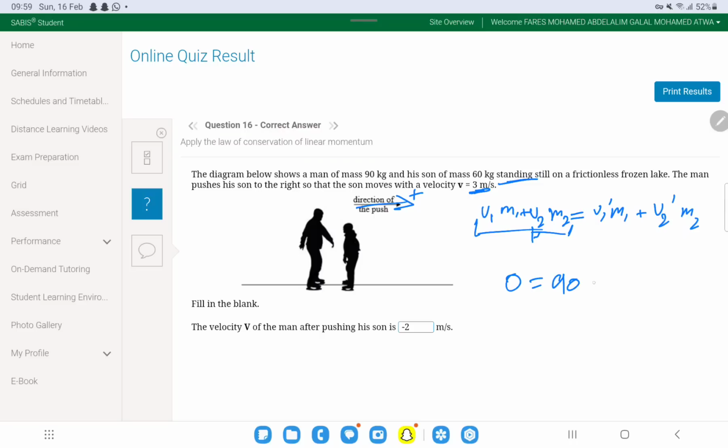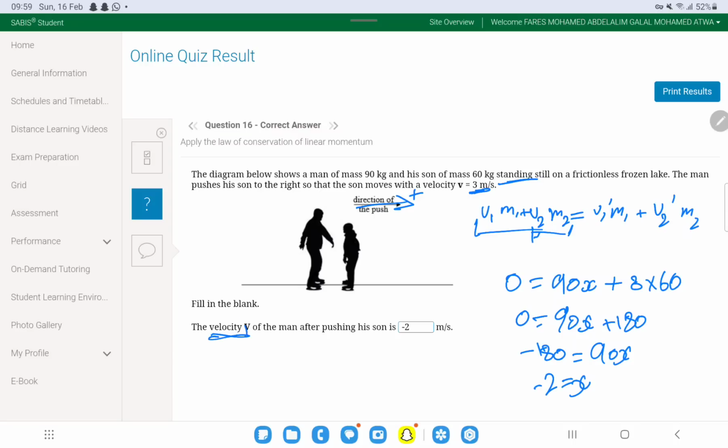V1 prime is x because we want to find it. V2 of the son is 3 meters per second and his mass is 60. So 0 equals 90x plus 180. So minus 180 equals 90x. And you divide both sides by 90. Minus 2 equals x.